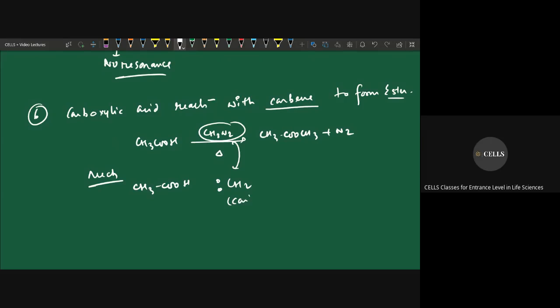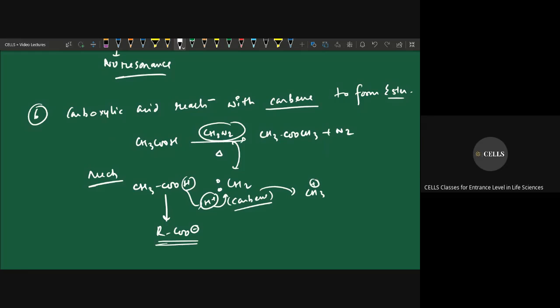We'll go into details about the carbene, carbocation, carbanion in the reaction mechanism. But I think you know this as you had chemistry in your +2. So this is a carbene. All right. Now what happens? See this very carefully. So this H plus is released, RCOO minus. This H plus now binds with this carbene and it forms CH3 plus.